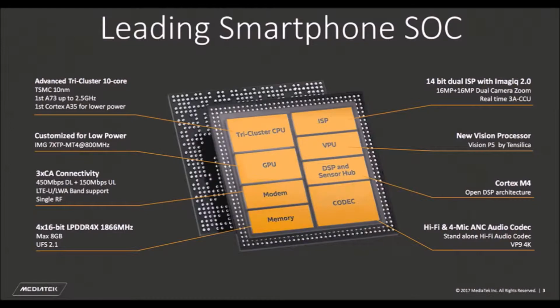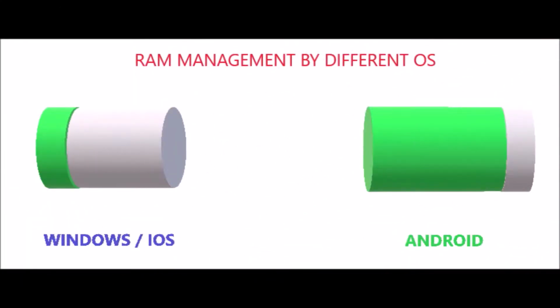In short, for smartphones, octa-core is just a marketing term. In reality, they are just quad-core processors. Therefore, increasing RAM on a smartphone makes more sense than increasing cores on the processor.